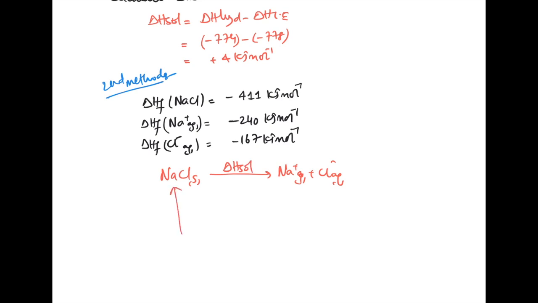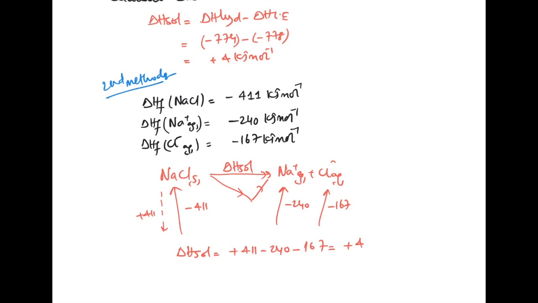Now its enthalpy of formation is minus 411, its value is minus 240, and this value is minus 167. If I apply Hess's law, arrow goes down, arrow goes up. If this goes down, this becomes plus 411. So enthalpy of solution equals plus 411 minus 240 minus 167. Calculated, it's again plus 4 kilojoules per mole.